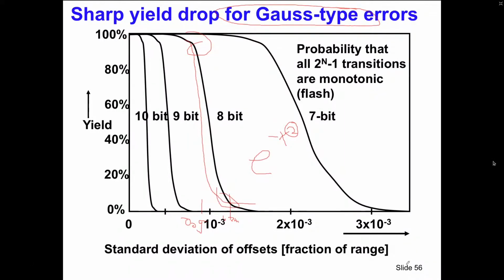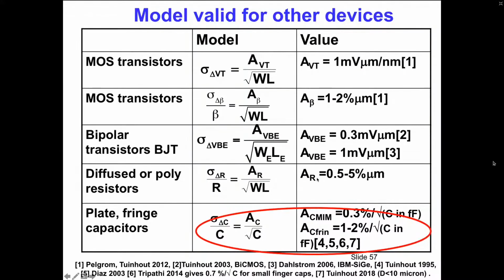And the reason is that all these error mechanisms go with this very bad mathematical behavior, causing this tremendously steep yield loss curve. And that means that error correction and all that kind of stuff doesn't help you much in this way.